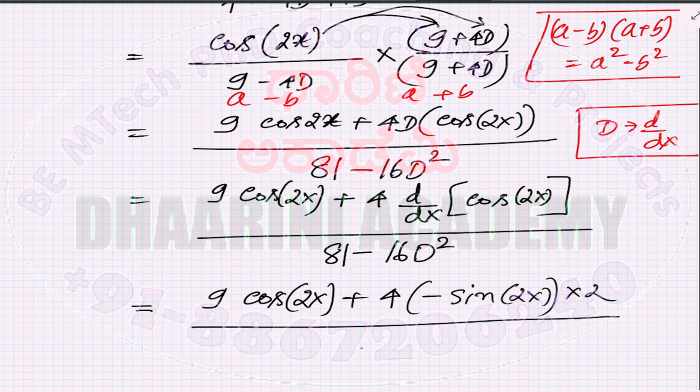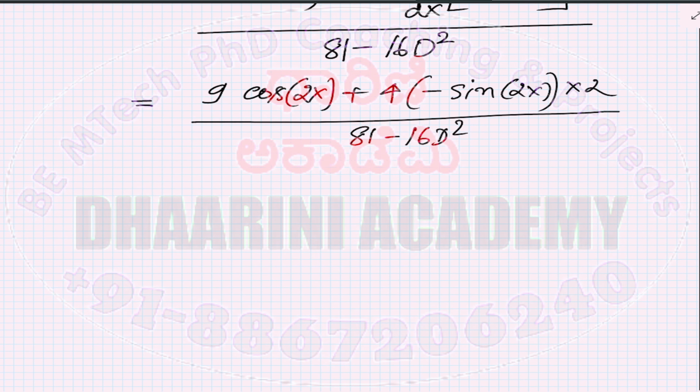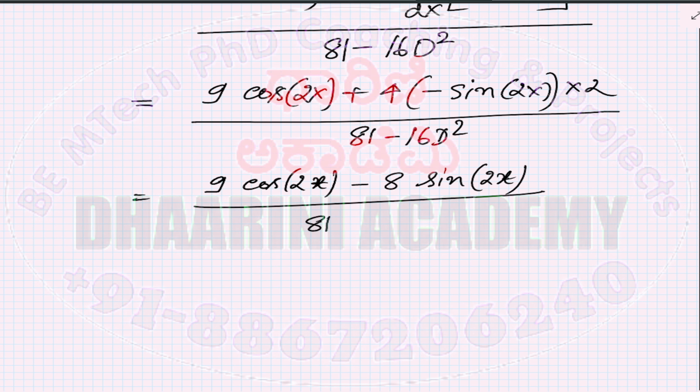Whole divided by 81 minus 16 D square. Let's simplify the numerator first, then we'll come to the denominator. So this is 9 into cos 2x, minus, 4 into 2 is 8, minus 8 sine 2x, whole divided by 81 minus 16 D square.